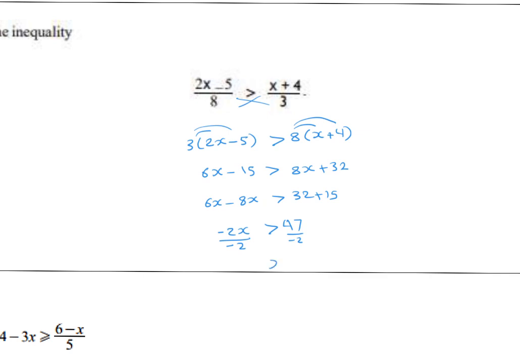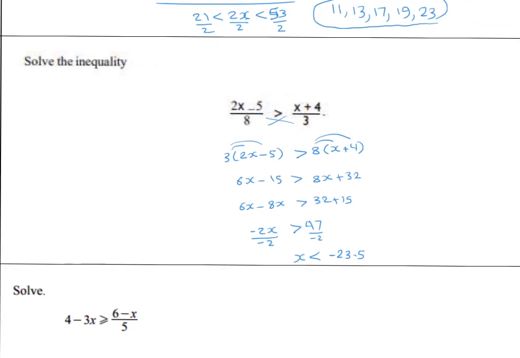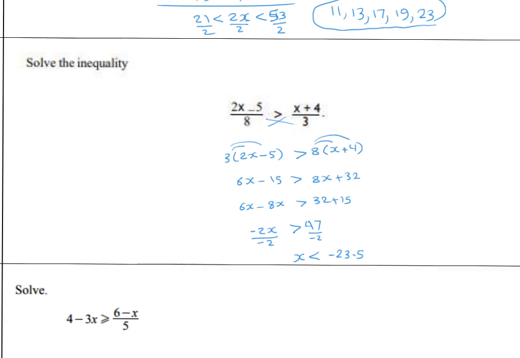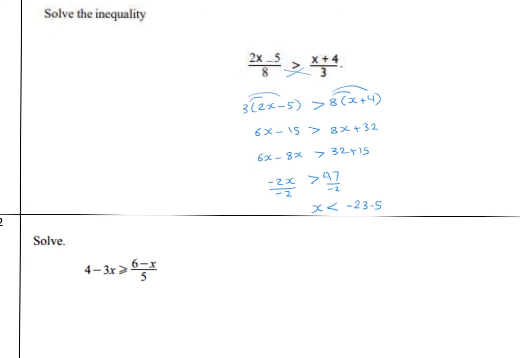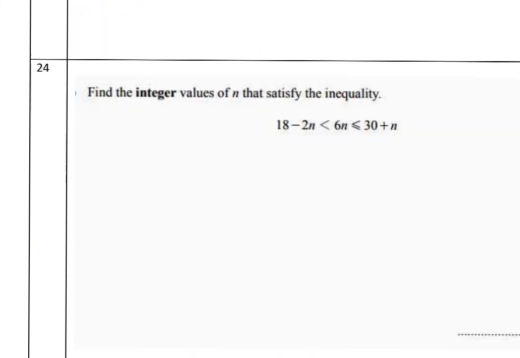Now we need to flip the sign because we divide by negative 2. So x less than negative 23.5. Okay? Is it clear? So if you have a fraction, cross multiply to remove the fraction. Look for that one.